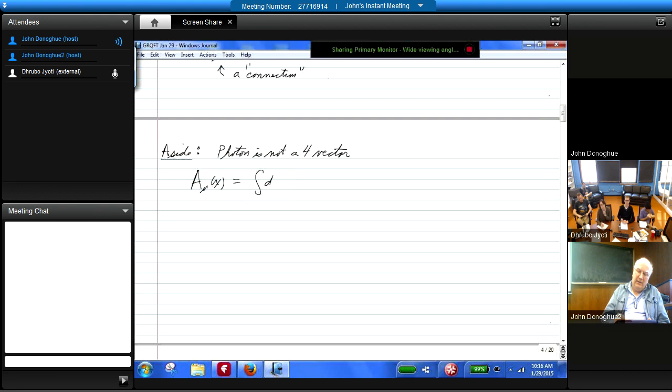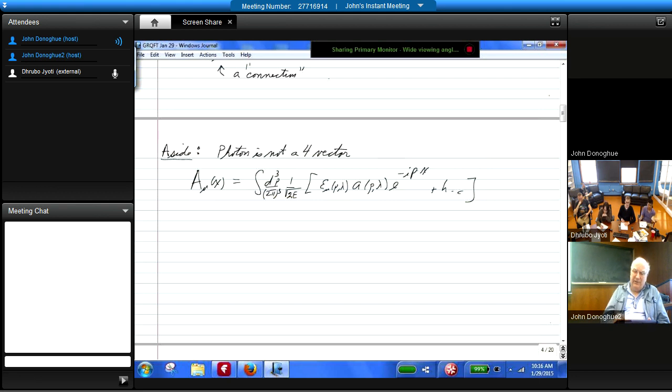And we expand this as the integral d3p over 2 pi cubed, 1 over the square root of 2E, then epsilon mu of p and lambda, times a of p and lambda, e to the minus i p dot x, plus the Hermitian conjugate. You get the opposite piece there.